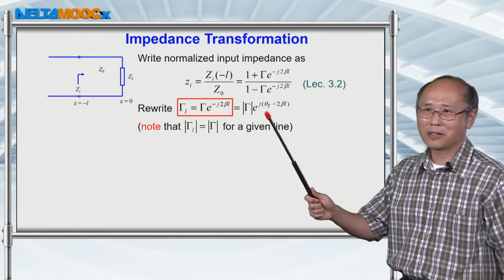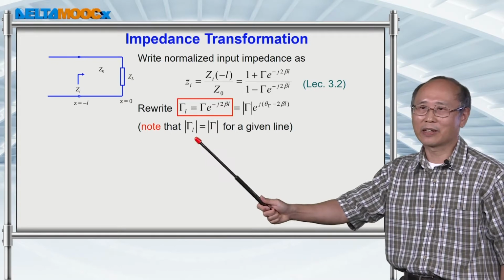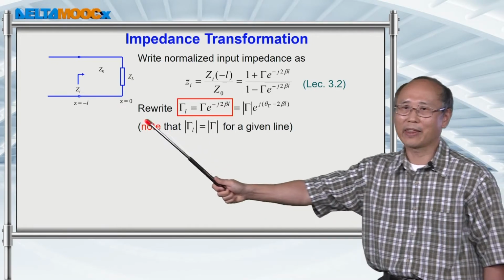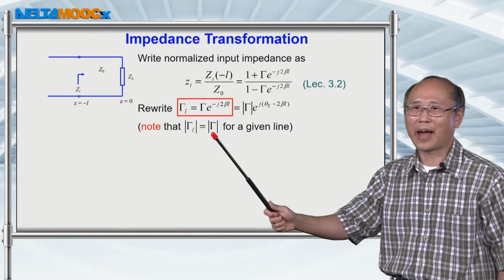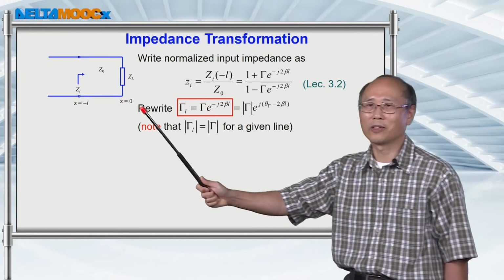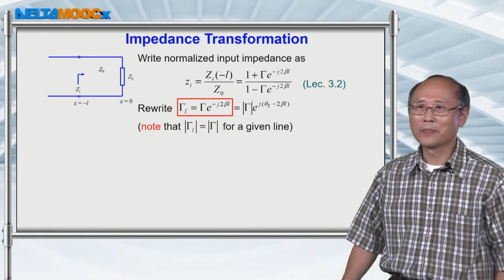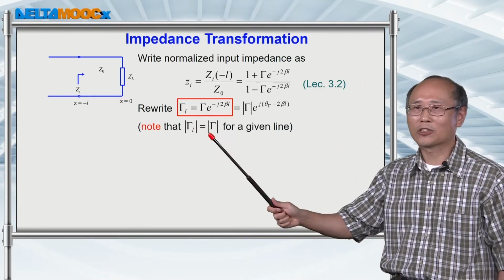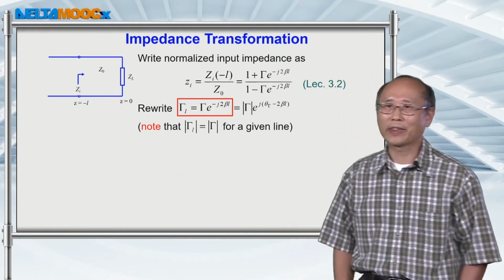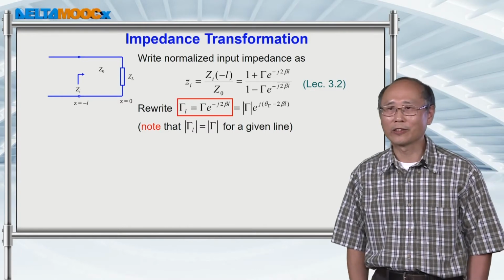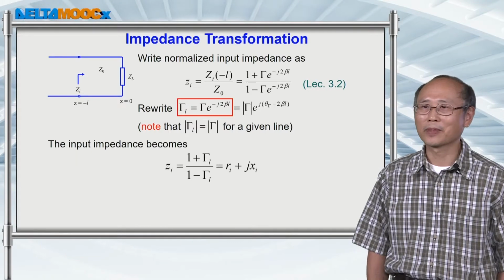When you write down this expression, you immediately understand that the magnitude of gamma L at this location is equal to the magnitude of the gamma you look into at the load. So if you don't consider the phase, the magnitude of gamma is always the same on a transmission line. That's why we draw a circle on the Smith chart for a given transmission line.